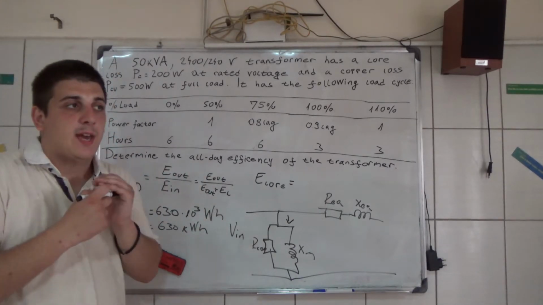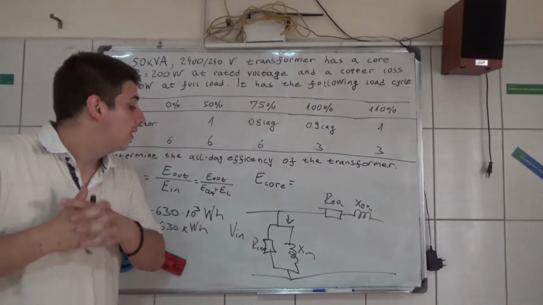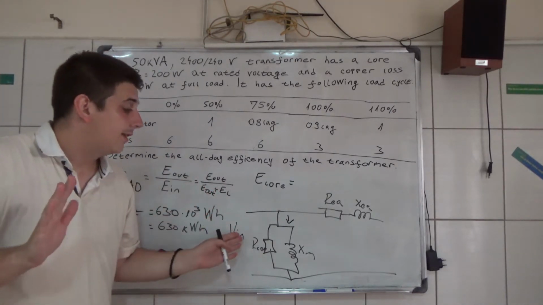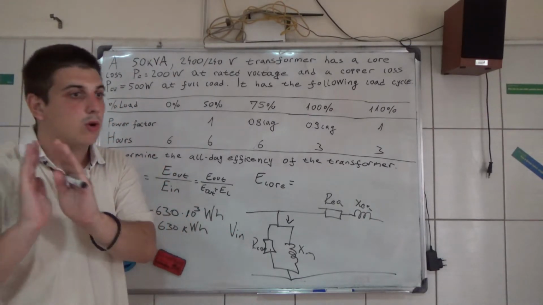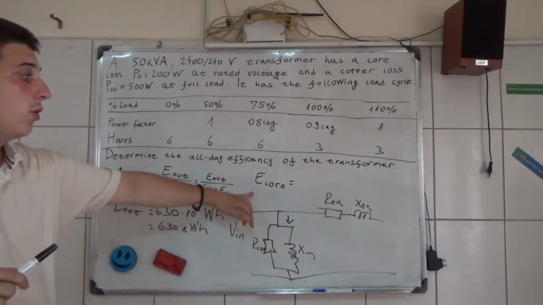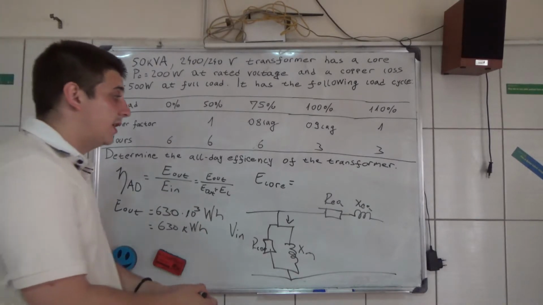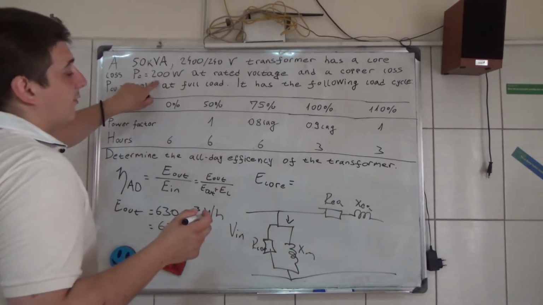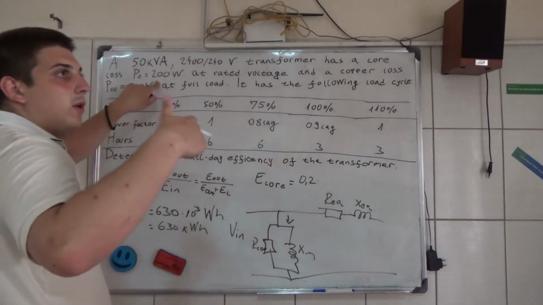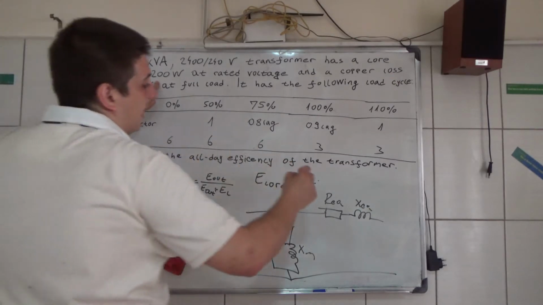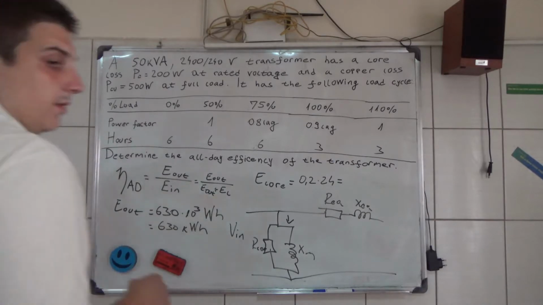Now, if you always have the same voltage on the primary side in 24 hours, then the core losses don't change, and the core energy losses of the transformer are equal to 200 watts, but I'll transform this into kilowatt hours, times 24, and this is equal to, where is my calculator?